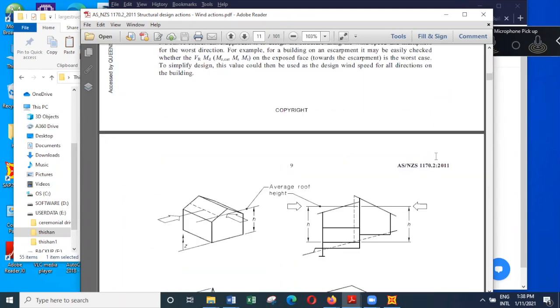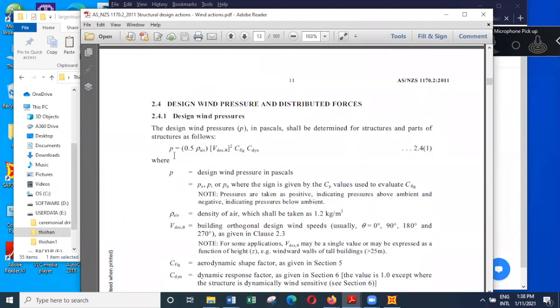And you can see the pressure is given by half the density of air. That is, density of air is 1.2 kilograms per meter cube. So you get 0.6 V design theta squared. See figure, C dynamic.